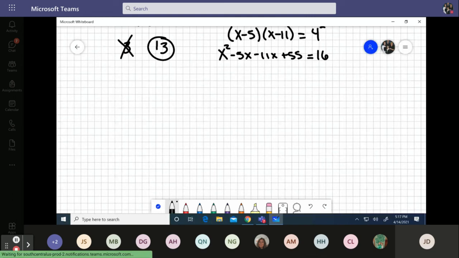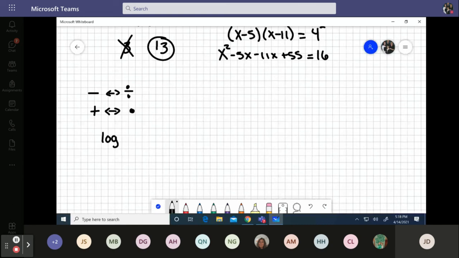Remember your properties, and they're in your textbook. Subtraction goes to division, back and forth. Addition, back and forth to multiplication. And exponents can be moved down in front, right?